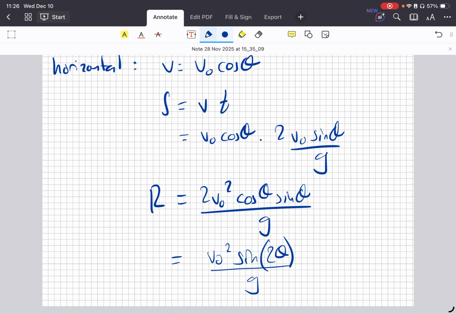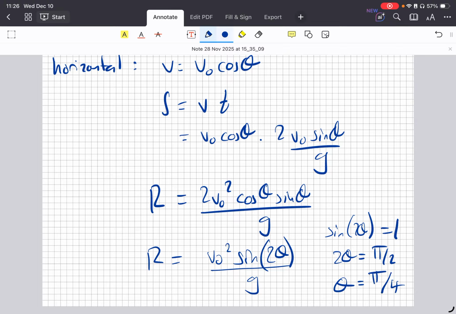Using that, we can work out what angle gives us the maximum value of the range. We know that this sine function takes values between plus and minus 1, so the largest value that this range can take is when sine 2 theta is equal to 1. That's true when 2 theta is equal to pi over 2, or equivalently when theta is equal to pi over 4.